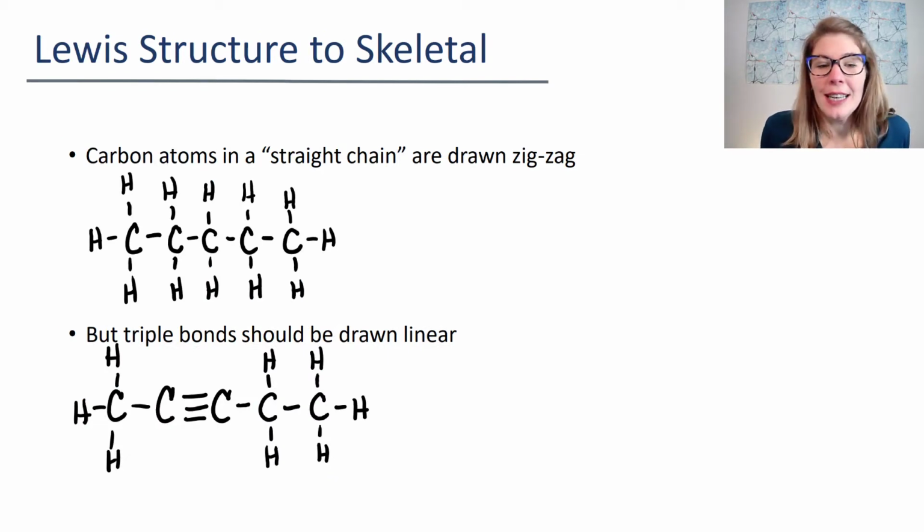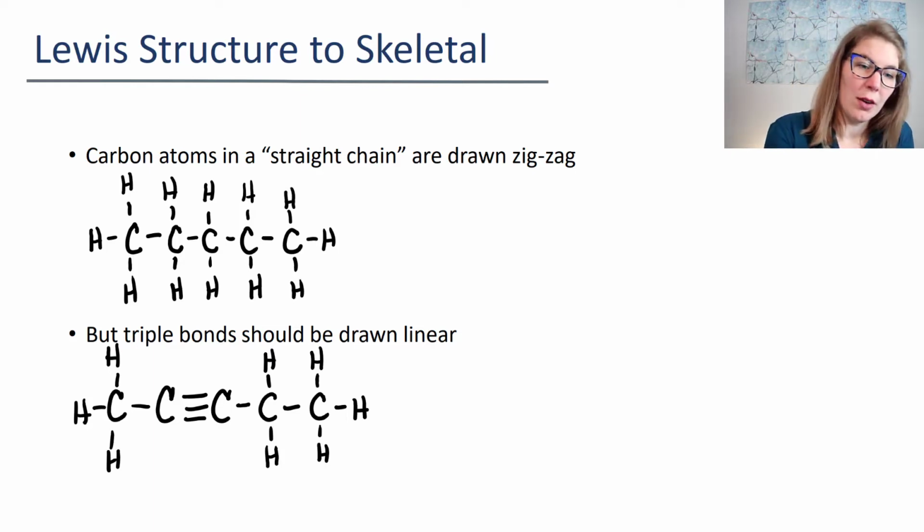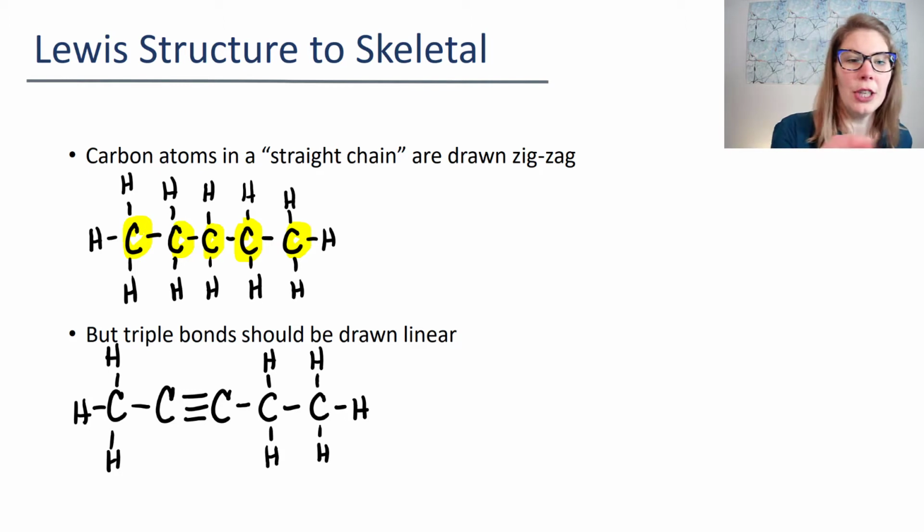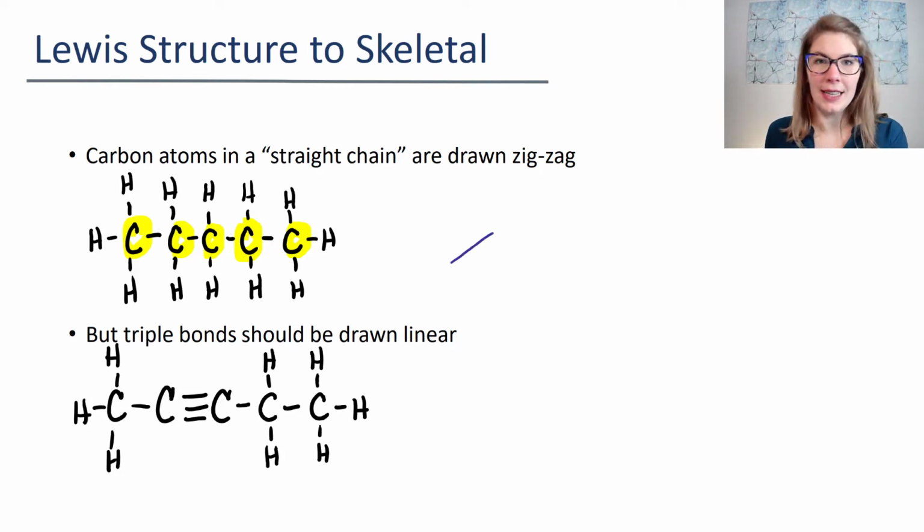Now I want to practice showing you something in Lewis structure and taking it into skeletal notation. We have 1, 2, 3, 4, 5 carbons here. When I try to translate this to skeletal notation, what I will do is start by drawing my zigzag.